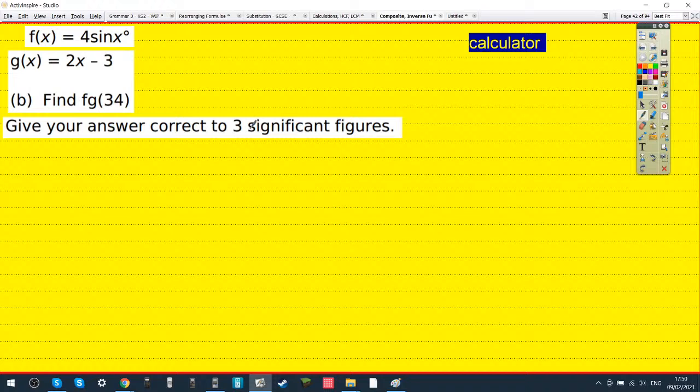You could, but I'd probably start with the g of 34. Turn it into a number. That'll make it easier. So what is the g of 34?